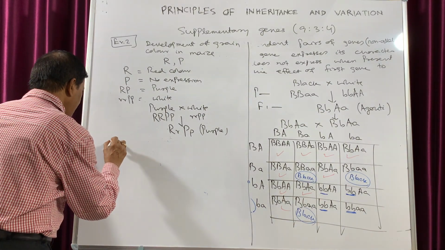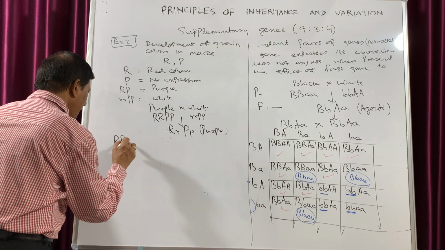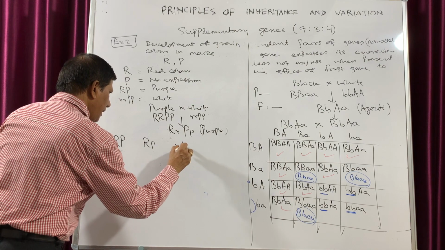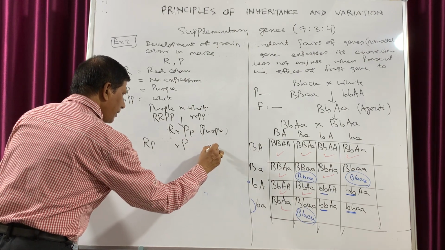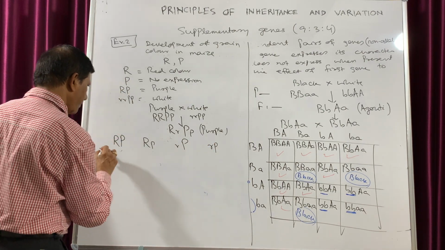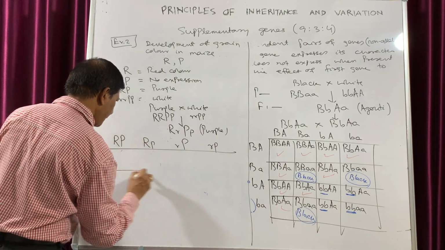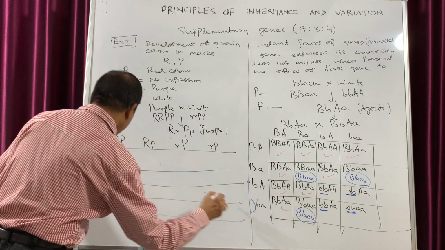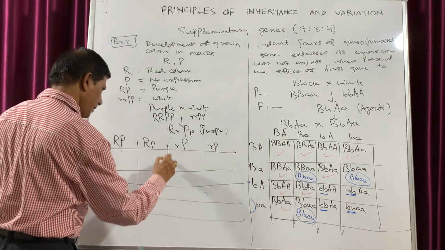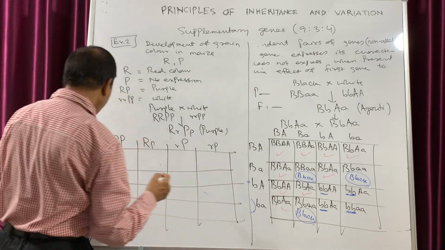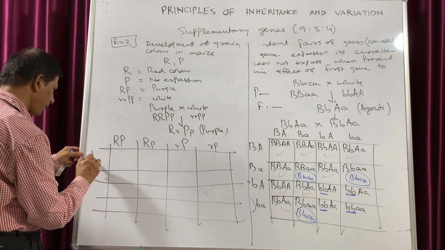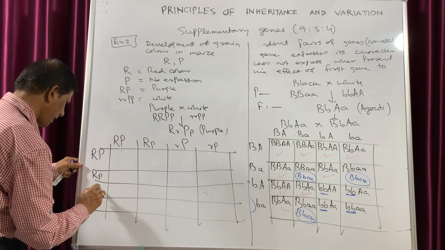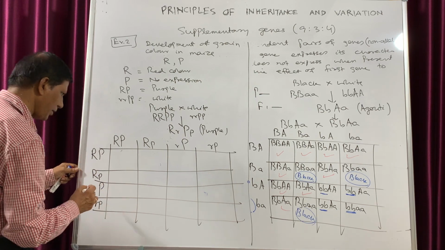Now you see the F2 generation, this will be capital R, capital P, this will be capital R, small p, then small r, capital P, small r, small p. So this side also capital R, capital P, capital R, small p, small r, capital P, small r, small p.